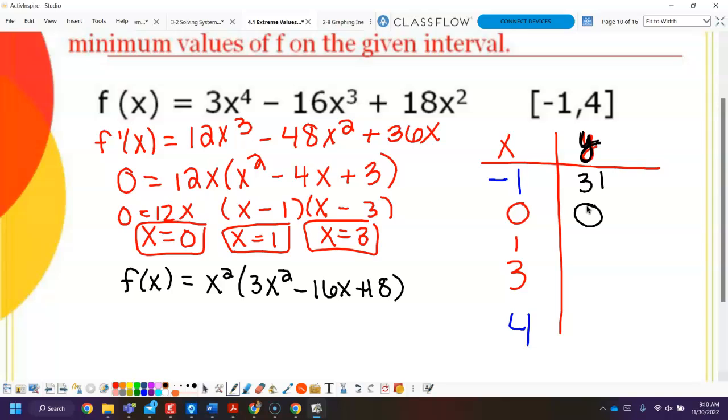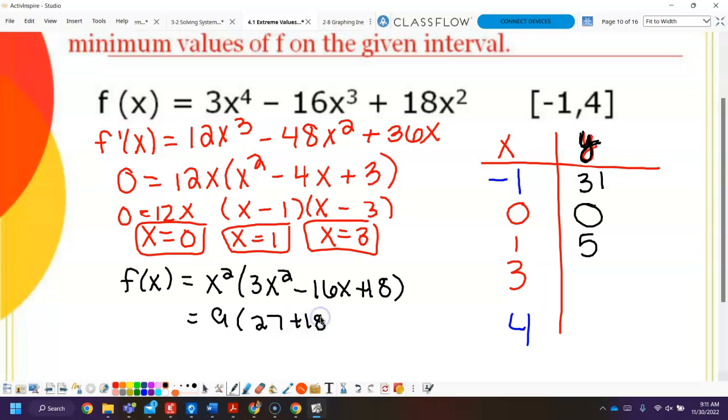One squared is 1, so that one's pretty easy. And then 3 minus 16 plus 18. So 3 plus 18 is 21. 21 minus 16 is 11. 11 minus 6 is 5. 3 squared is 9. 9 times 3 is 27.